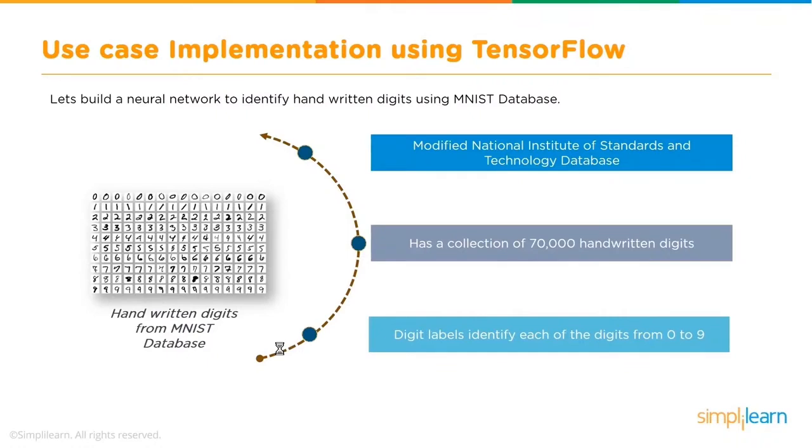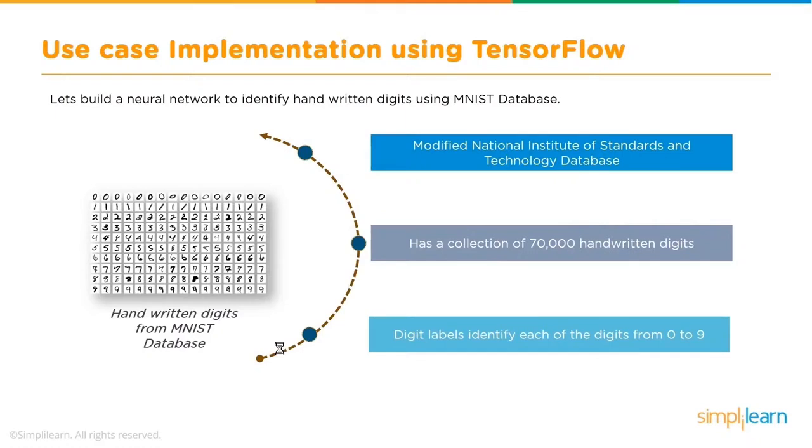You already have the data in the right format which can be directly used for training, and MNIST also offers a bunch of built-in utility functions that we can straight away call without worrying about writing our own functions. That's one of the reasons why the MNIST database is very popular for training purposes.